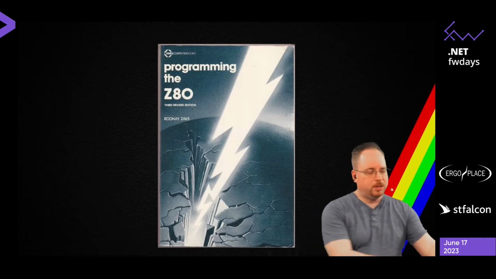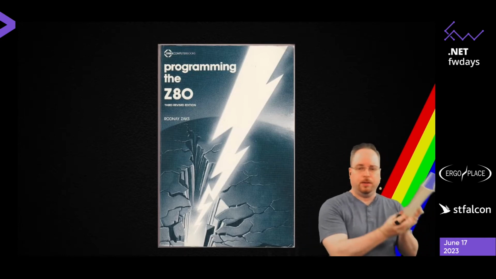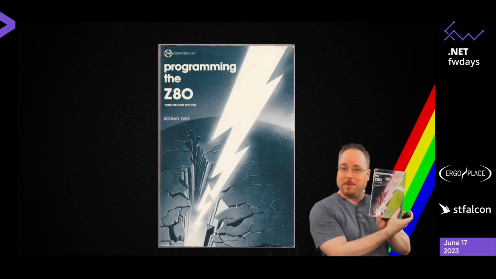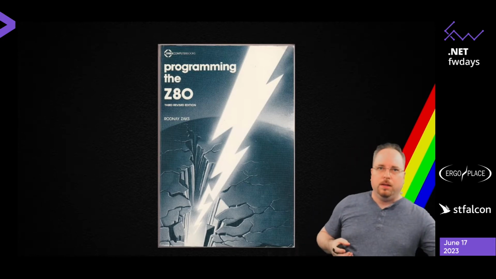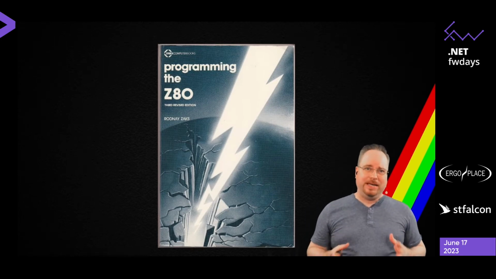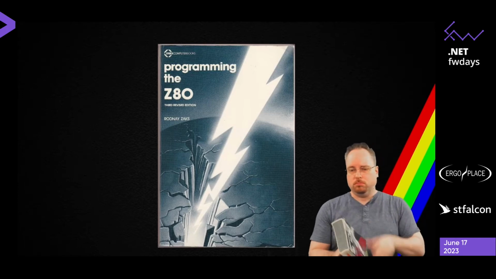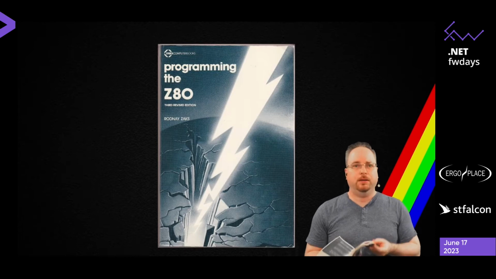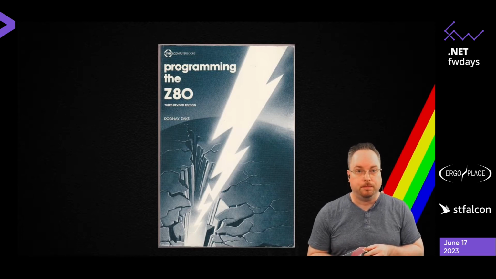So I went on eBay and I got this book. Now it's apparently completely transparent. Programming the Z80 by Rodney Zaks. So I took the book, I turned the page, and I started implementing the first instruction.